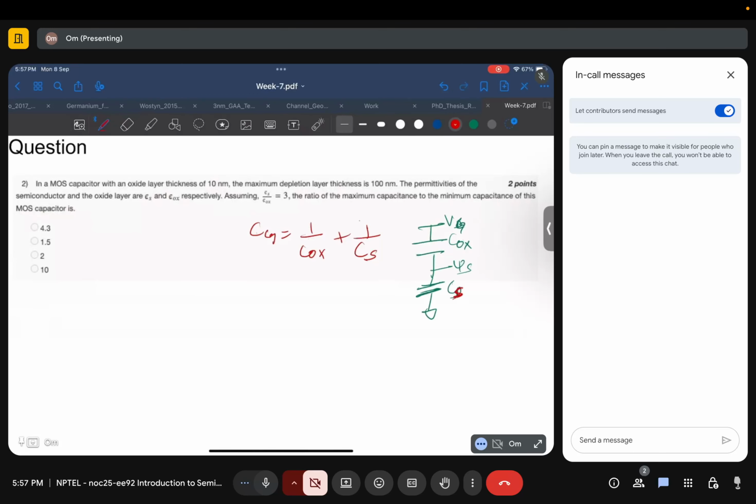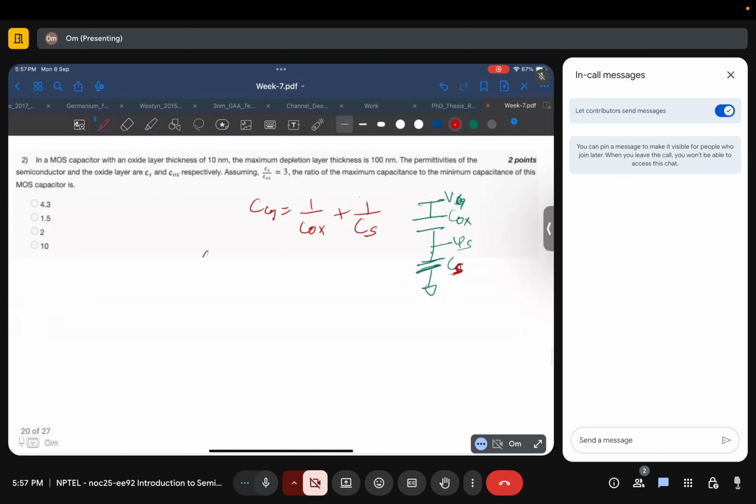So it will be maximum when CG will be equal to COX, when this psi s is, let's say, 0, right? When there is no charge in the semiconductor, this will not come, only we will have COX.